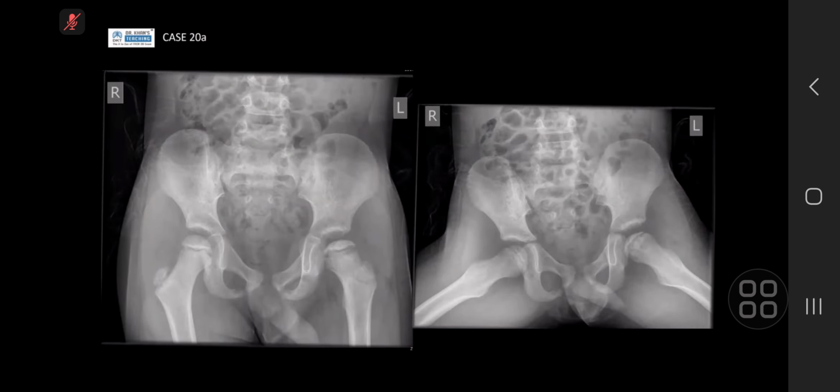This is a pelvic X-ray for a skeletally immature patient, showing at the left hip a widening of the joint space and decreasing of the left femoral head epiphysis, decreased in size and increased in density, shows sclerosis.